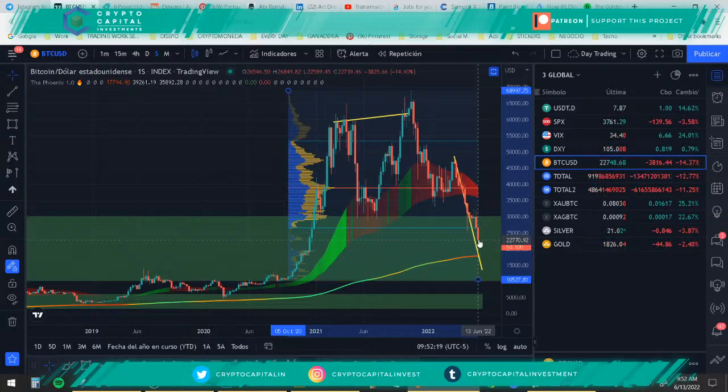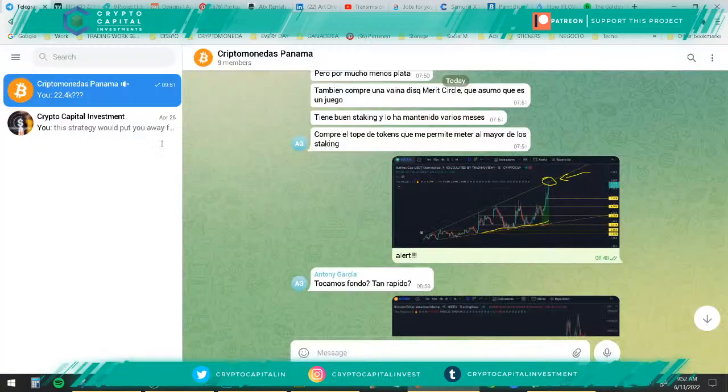We are right now in the value area low, and we have this little island here before the previous high, the 20k, and I believe that in this tiny little island at 22.4, it's the buying moment. It's the tip of the iceberg on the bottom. I don't know, I just throw the number out.